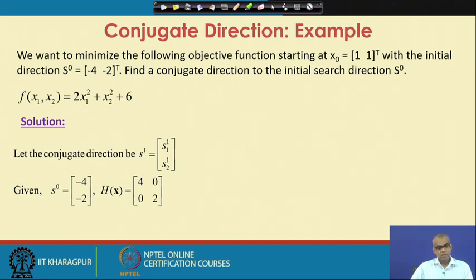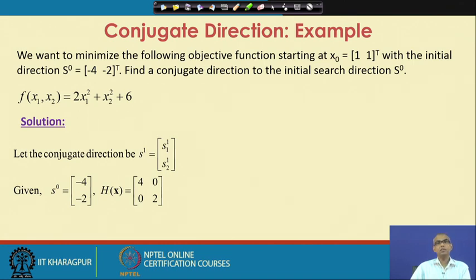So, let us consider that the conjugate direction is S1, which has two components. We have written them as S subscript 1 superscript 1 and S subscript 2 superscript 1.